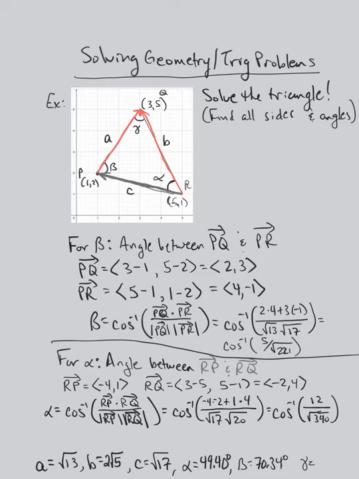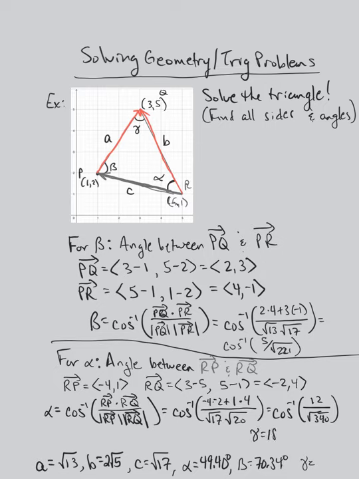And notice that as long as you have alpha still on your answer line, or you could store it if you want to, especially if you think you might need it later. Okay, so yeah, let's store that to the letter A. So I just hit store, and then I told it to store it to the letter A. So now to get gamma, remember the angles in a triangle have to add to 180 degrees.